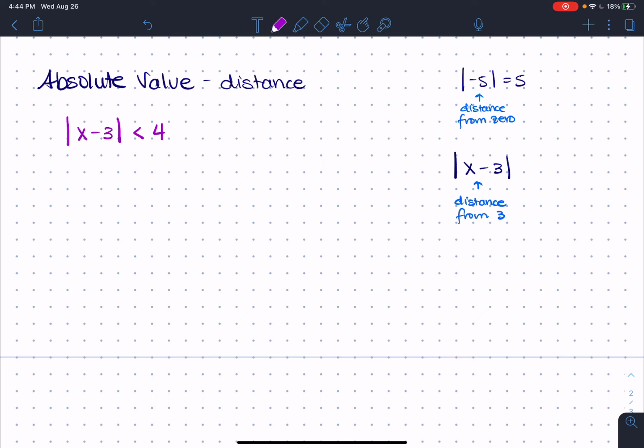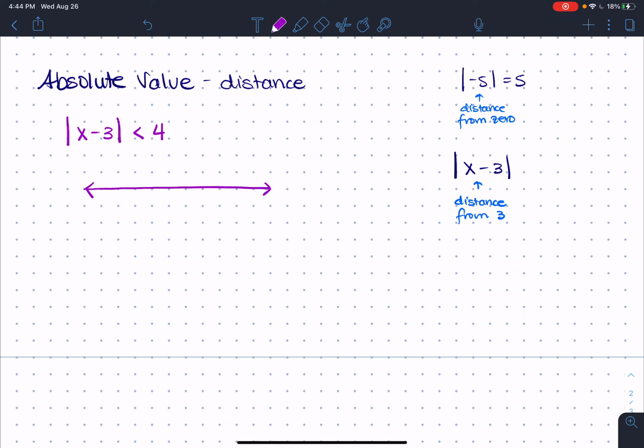So let's think about what that means on a number line. So the distance from 3 is less than 4. That's one way you can think about this. Because remember that the absolute value can mean distance. When you have a subtraction problem, now we're talking about the distance between those two things. So let's put this on a number line.